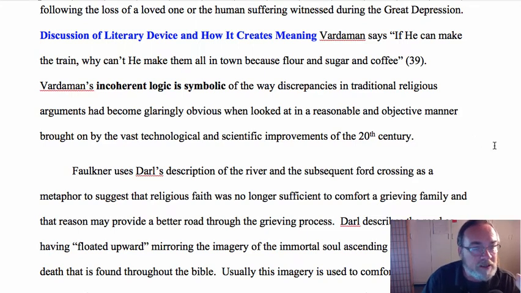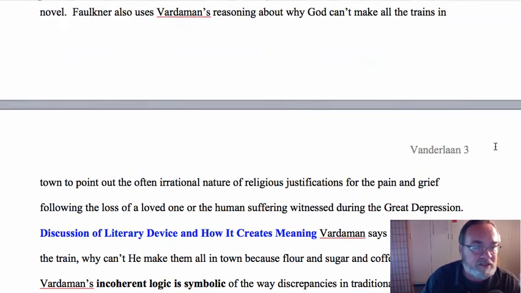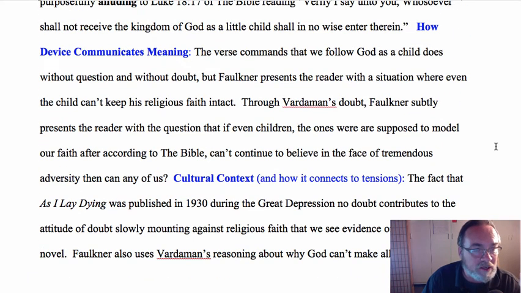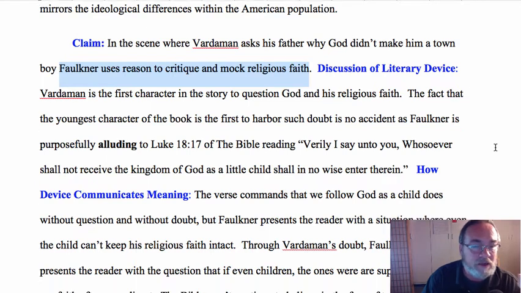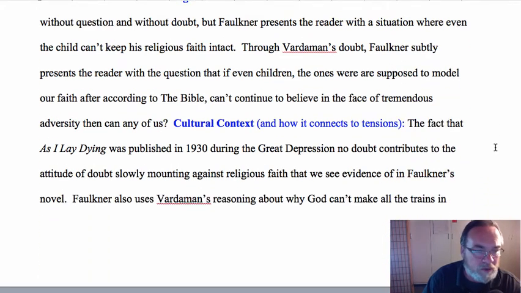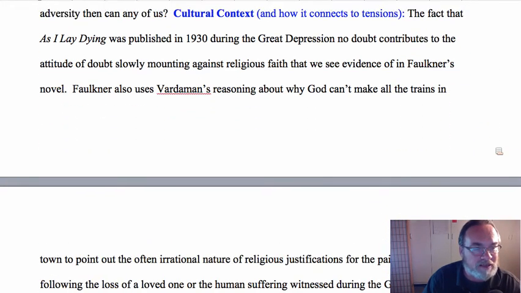This is a really nice paragraph. It does a nice job of having a clear claim at the beginning in very straightforward, simple language. It looks at two different literary devices, in each case using the terminology and explaining how the device creates a meaning related to the tension identified in the claim, and it weaves in a relevant cultural context and connects that back to the claim.